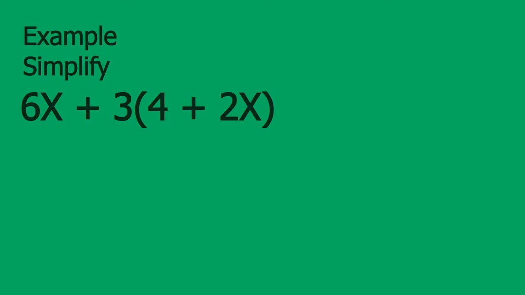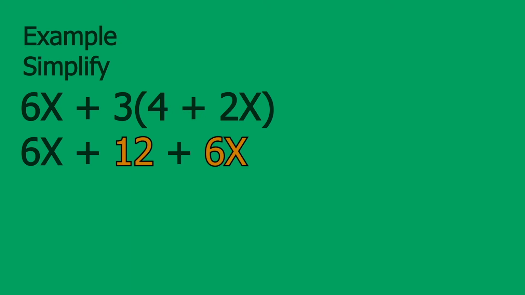Now here's another expression. Let's say we have 6x plus 3 times (4 plus 2x). Once again, for something like this, the only thing you can really do is simplify or combine like terms. In this case, we have 6x. We're going to distribute the 3 into the 4 and the 2x. So we have 6x plus 12 plus 6x.